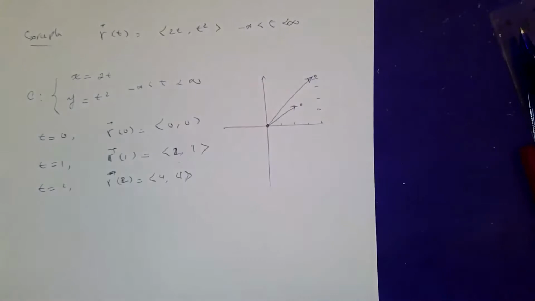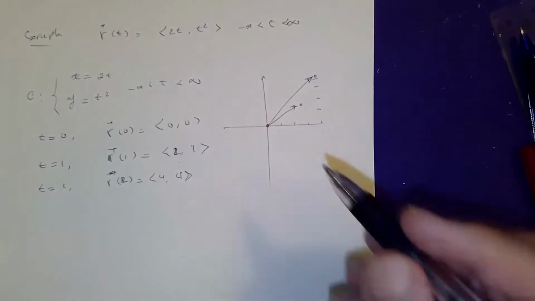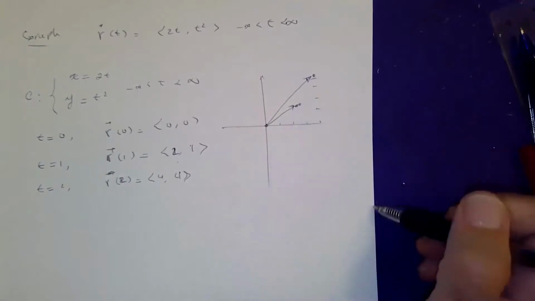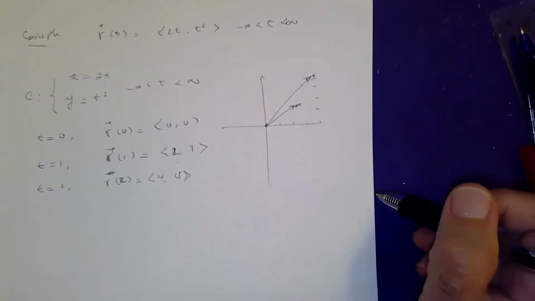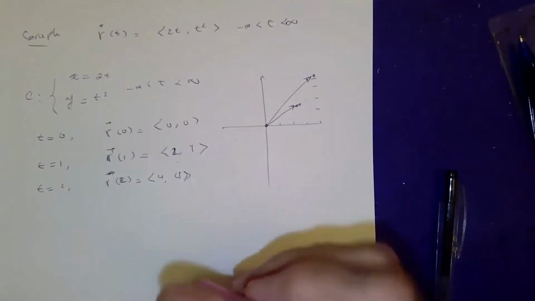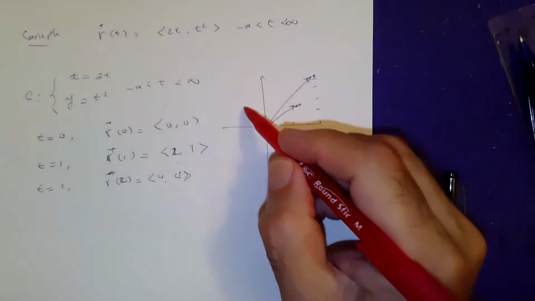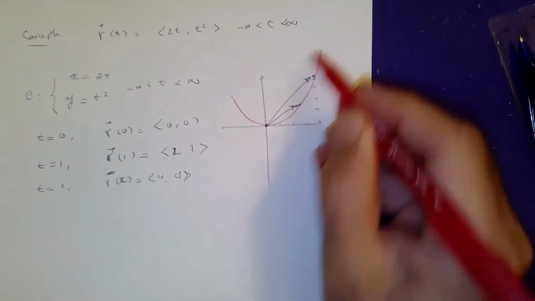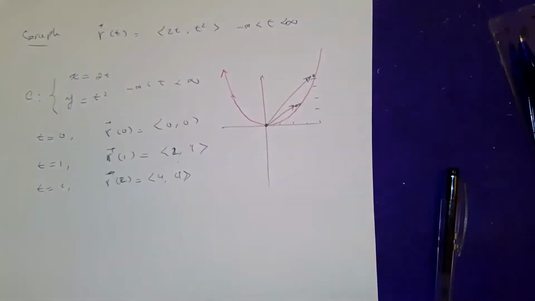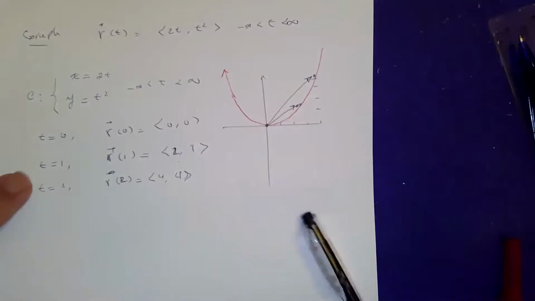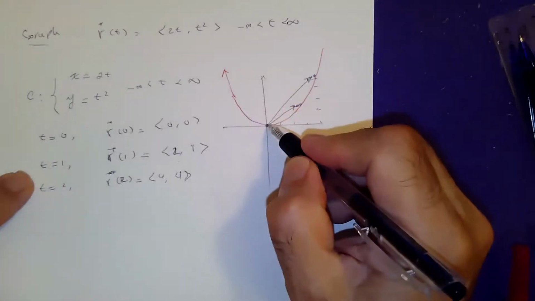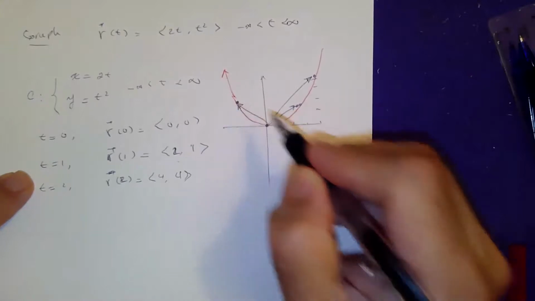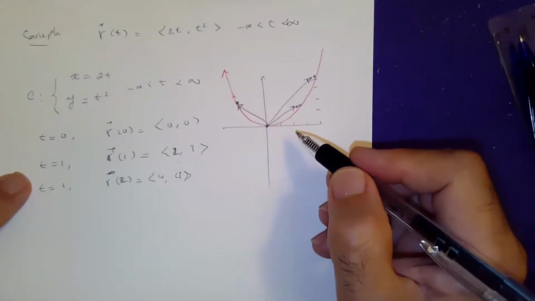So every time you draw a vector, guess what? The head of that vector represents the position of the object. In a minute, we will find out after we plot many values for t, this is going to be a parabola. So that's a path. There you go. So for every value of t, that produces a vector, and the tip of that vector is a point on the path.